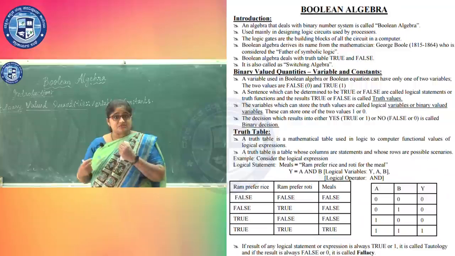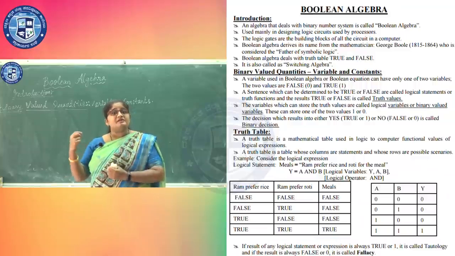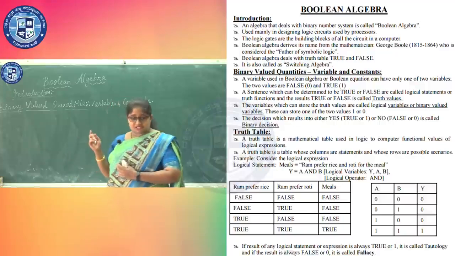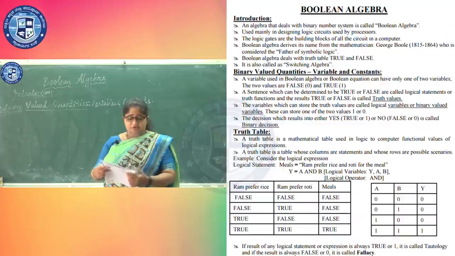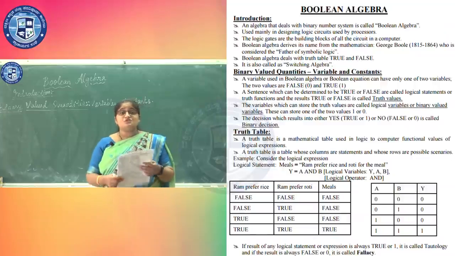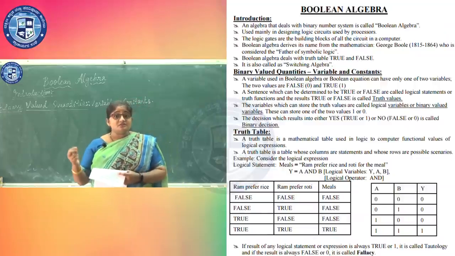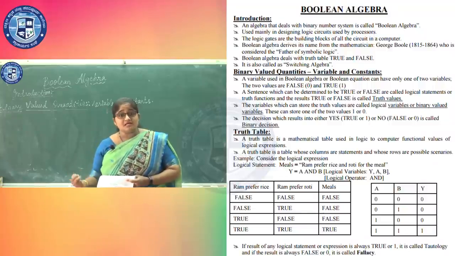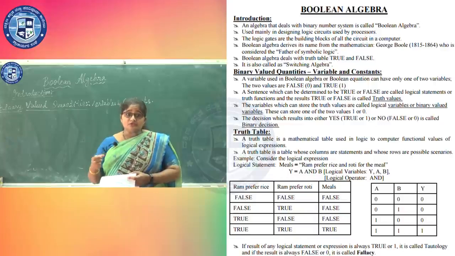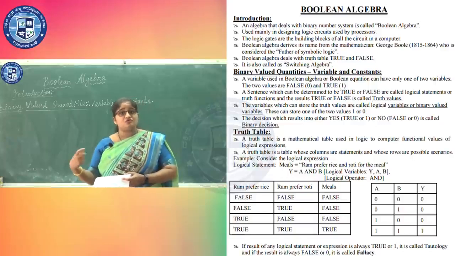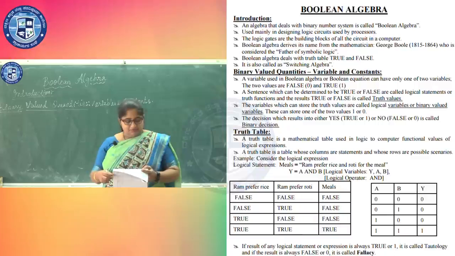A sentence which is determined to be either true or false, such statements are called logical statements, which is there in the second point. Please look at the second point there. A sentence which can be determined to be either true or false is called a logical statement or truth function, and the value, whether it is true or false, is called a truth value.